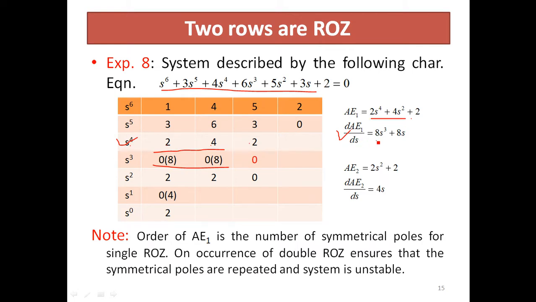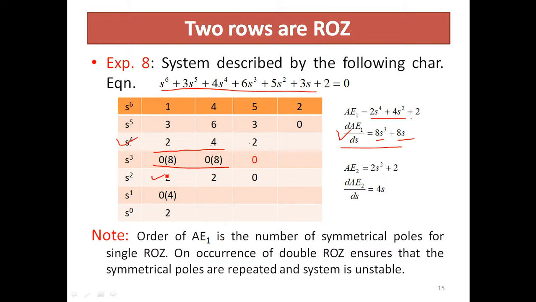You would be getting 8s raised to 3 plus 8s. Replace the zeros by the coefficients of this derivative. So you have replaced the s raised to power 3 zero by 8, and the s raised to power 1 zero by 8.